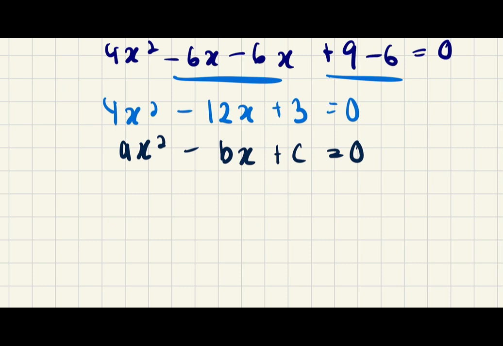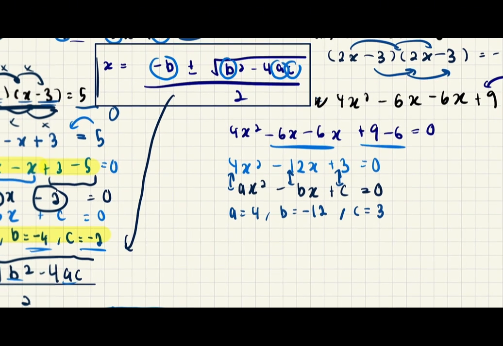So our a is what? 4. Because if we get rid of the 4, then the a will still be 1. We don't want that. B equals to negative 12. C equals to 3.